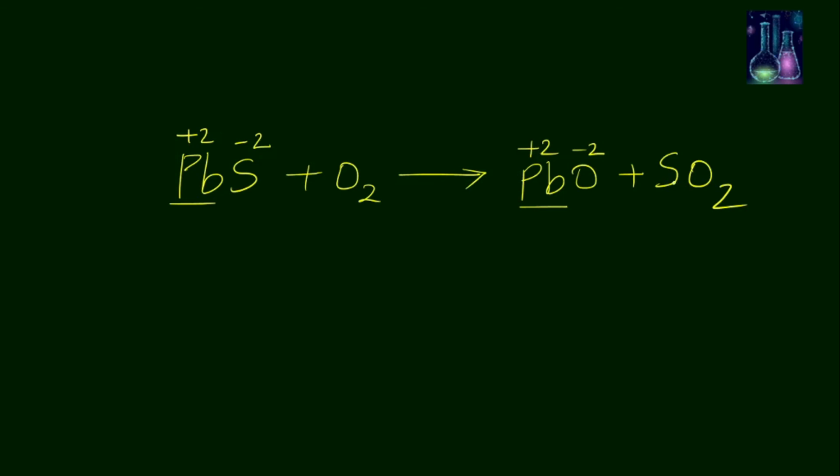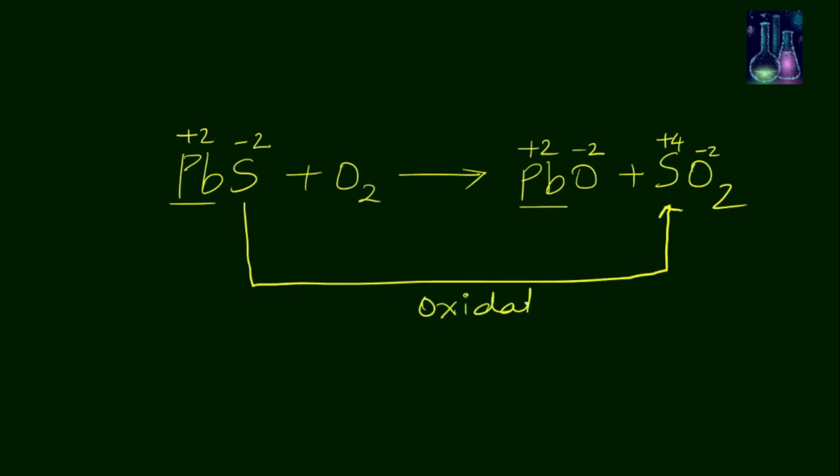If you see sulfur dioxide, here sulfur is +4 and oxygen is -2 each. Therefore, sulfur is changing from -2 to +4. Therefore, it is undergoing oxidation, loss of electrons.